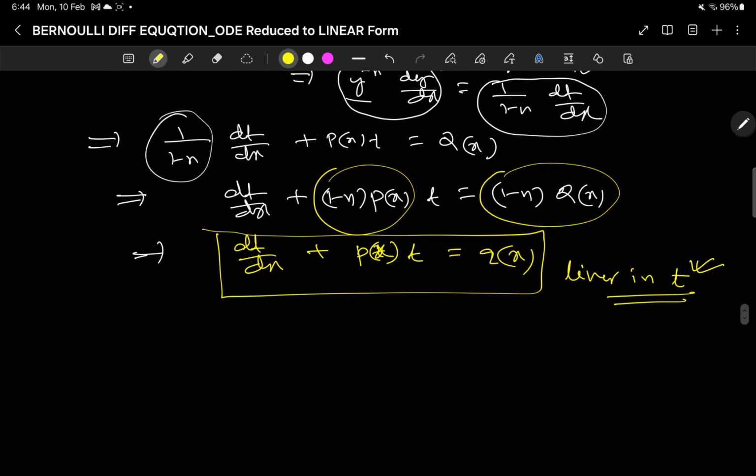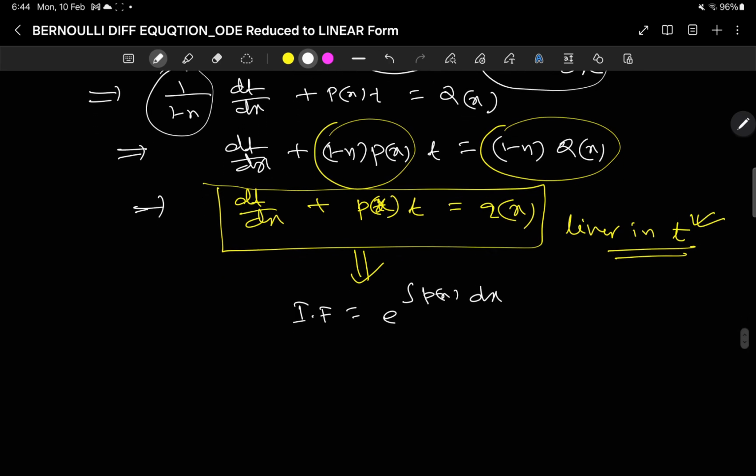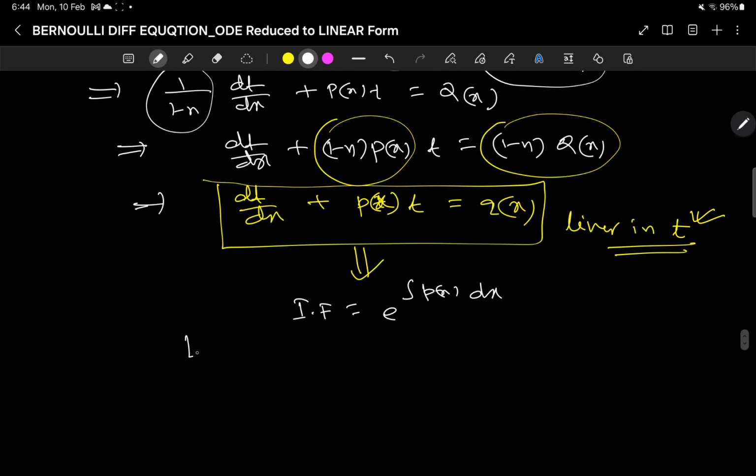So now coming back to the solution of the linear equation, we know the solution. The integrating factor is e to the power integral p(x) dx. Then t times the integrating factor is equal to the integral of q(x) times the integrating factor dx.